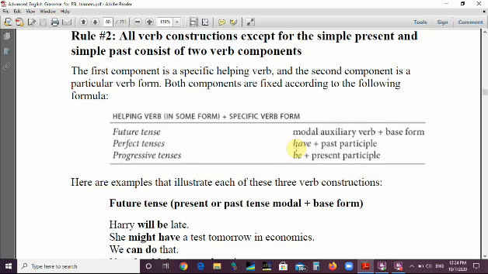Both components are fixed according to the following formula. Future tense, we have a modal auxiliary verb like can, like will, and the base form: I will eat, I can swim. Perfect tenses, we have the verb to have all the time, I mean have, has, or had.